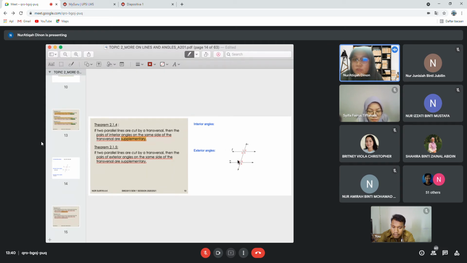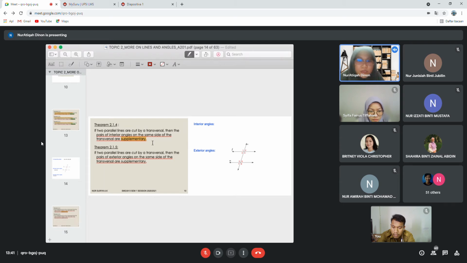For example, the interior angles are 3, 4, 5, 6. It's not 3 and 4, 5 and 6. But now we talk about pairs of interior angles on the same side. So where do we look for the pairs on the same side? Kita tengok kat sini. Anyone?